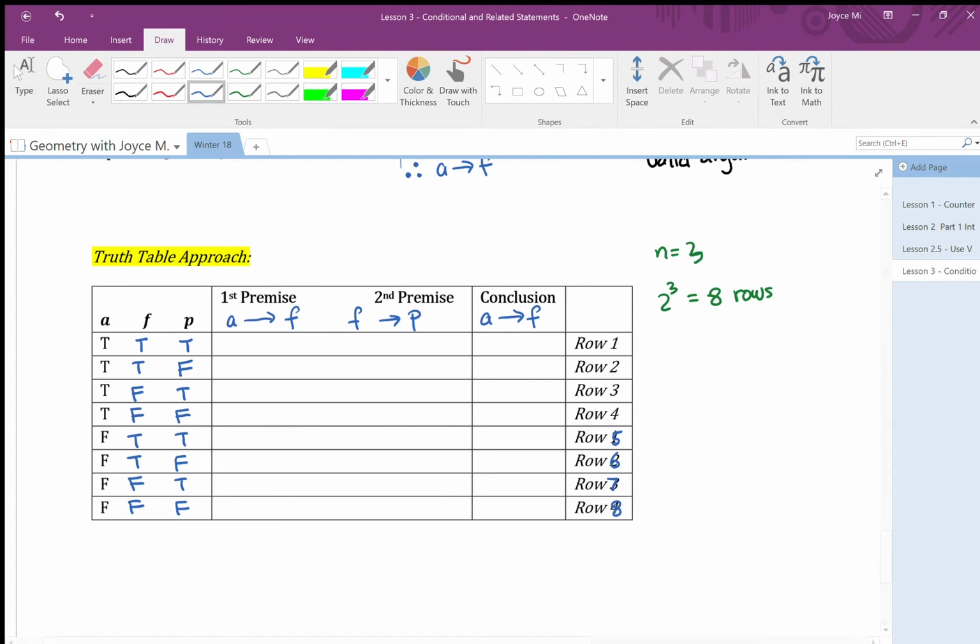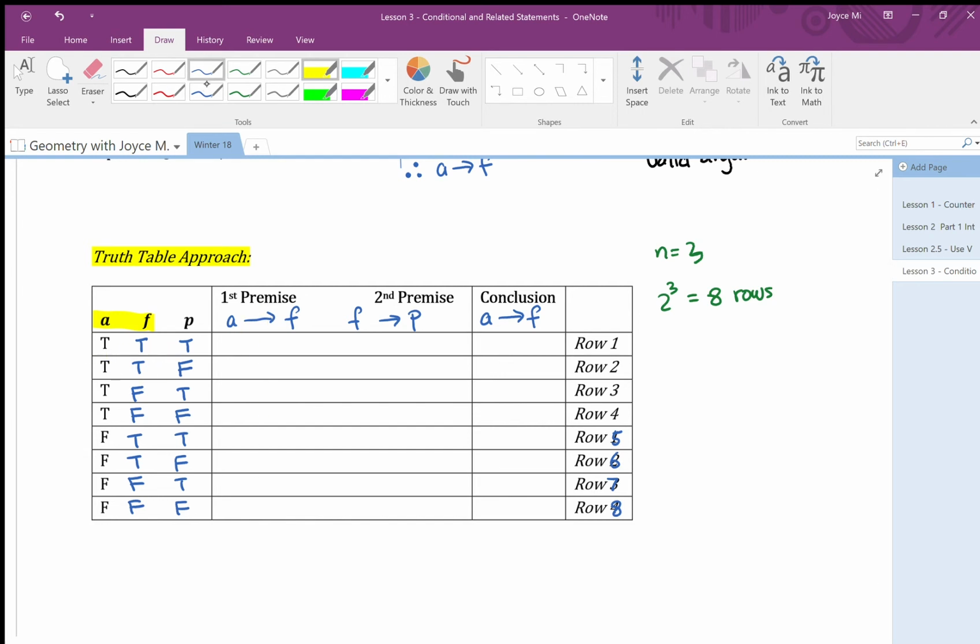Now I just have to find the truth values for both premises. So first one, I have A implies F. That means I'm looking at only the first two components here. We said A implies F, the conditional is only false if I have true followed by false. So let's just write the truth values out. Since this is very direct, there's no negation, nothing needed. I can directly use the first two columns to fill in the conditional. So first row I have true, true.